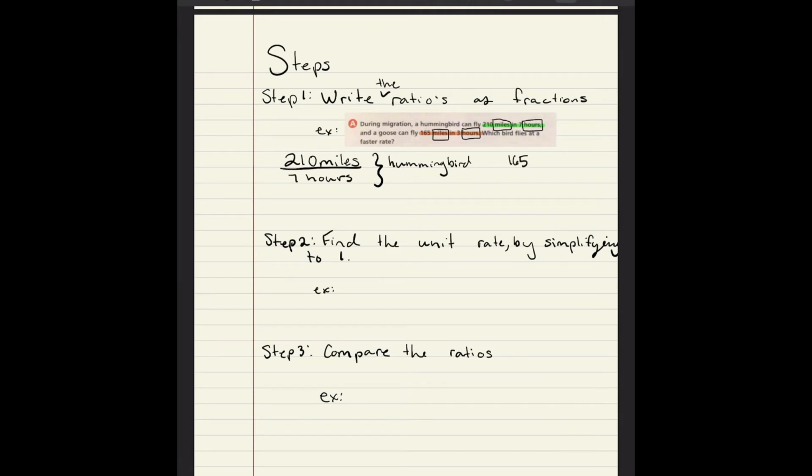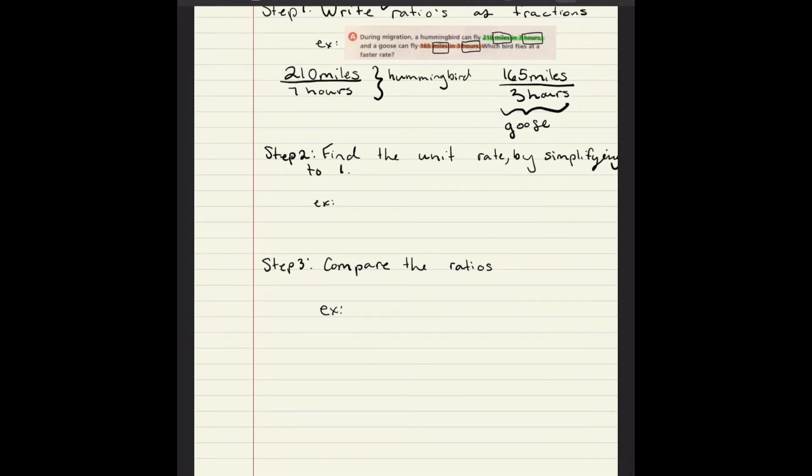And then it's 165 miles over 3 hours. And this is for the goose. All right, so we wrote our ratios.